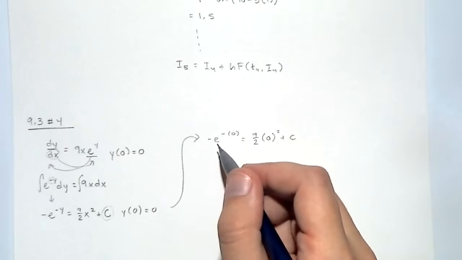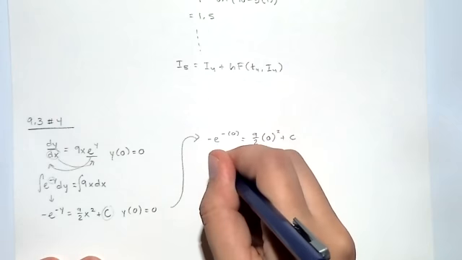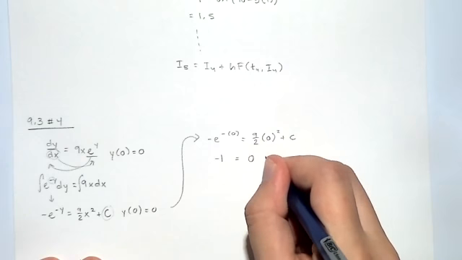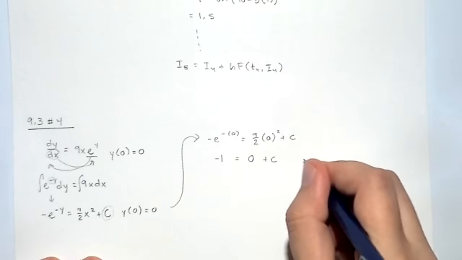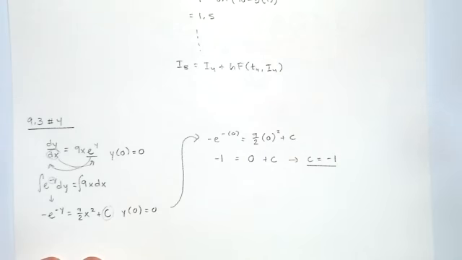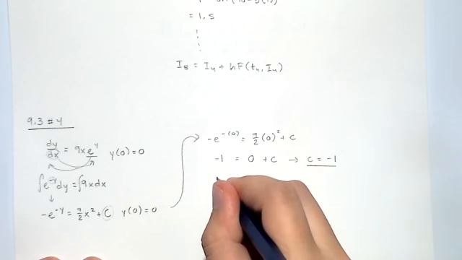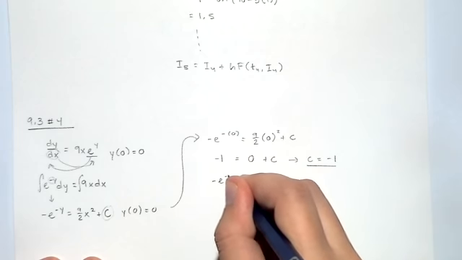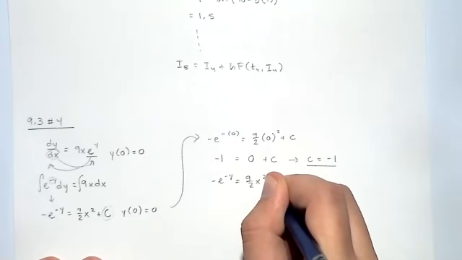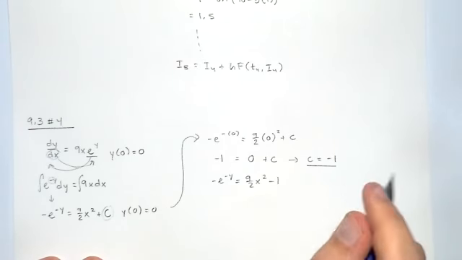So we are going to have a -1 on this left-hand side, and then we're just going to have a 0 plus c. So in this case, c is equal to -1, and then we are able to write out our equation as such. Negative e to the negative y is equal to 9/2 x squared minus 1.